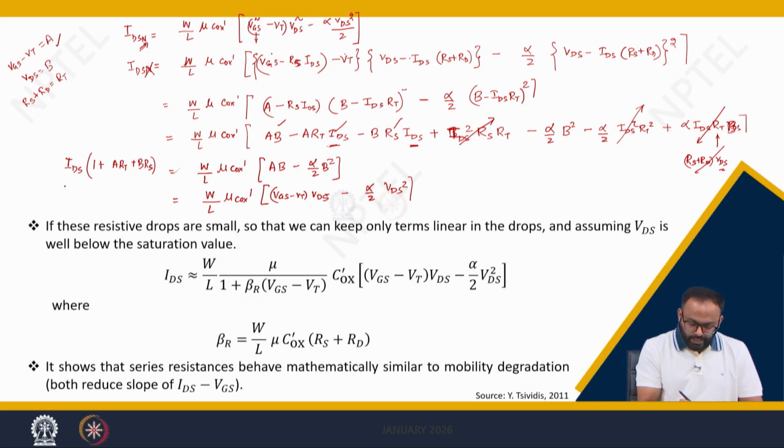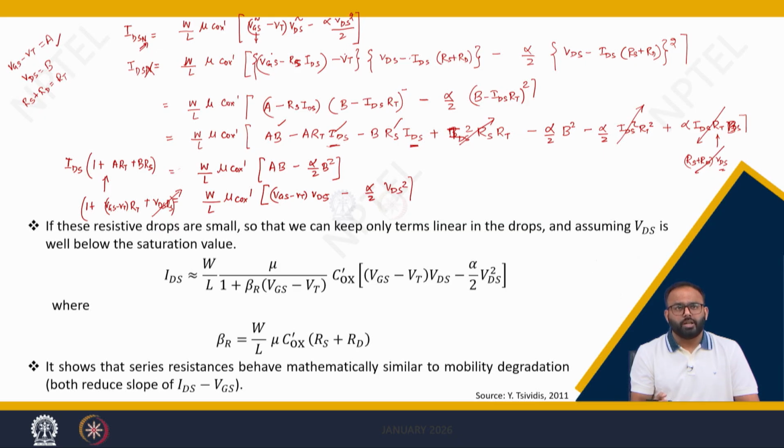Now, on the left hand side you have a term which is 1 plus A into RT. So I can rewrite it as 1 plus A, which is (VGS minus VT) into RT, plus B, which is VDS, into Rs. Again, for the sake of simplicity of this model, we are assuming that VDS is very, very small and you can ignore that.